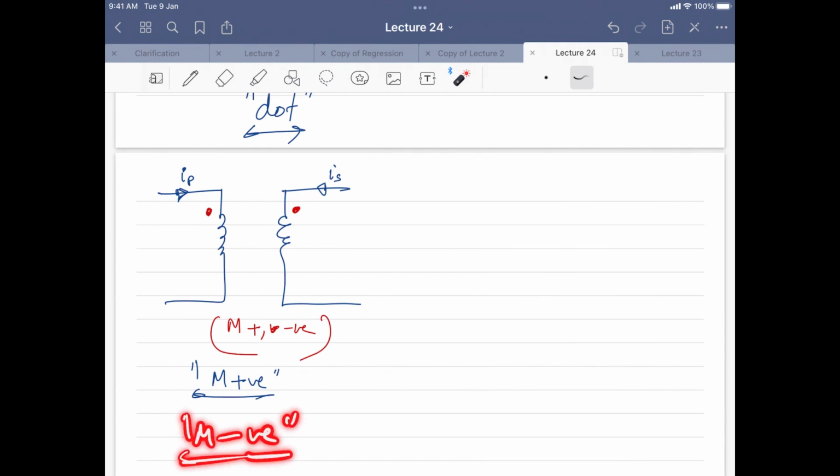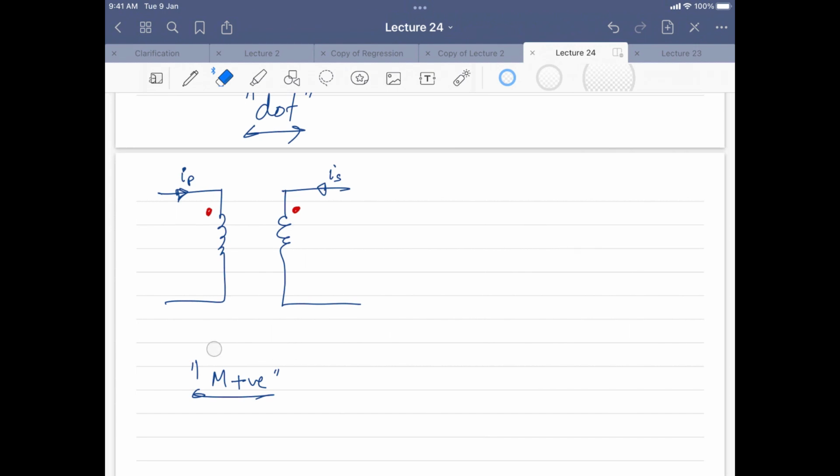So let me draw all the possible combinations to avoid this confusion. You can understand the concept this way. Say you are sitting at this point watching the dot from this side, and similarly you are sitting at this point watching the dot from this side. It's like a wall or a gate.